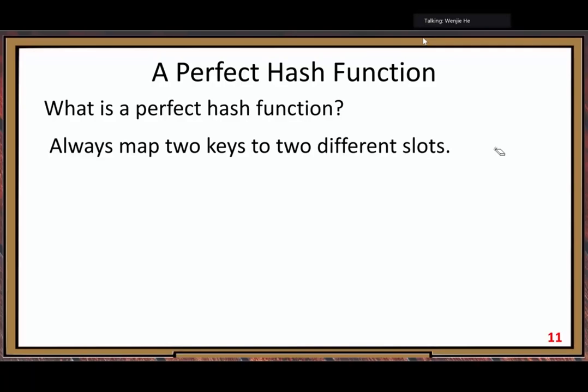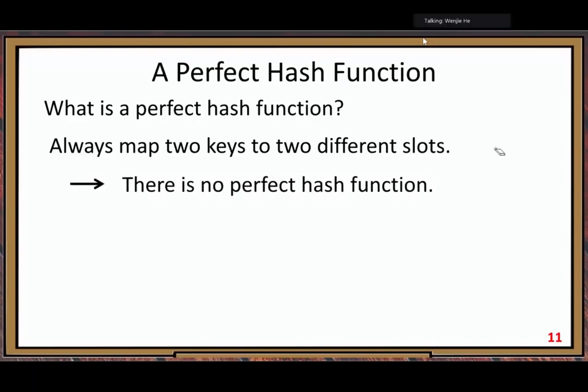When you map two keys to the same slot, there is a collision problem. Then you need to resolve the collision by more hashing steps. Here I didn't talk about other hashing techniques to resolve the collision problem. The answer is there is no perfect hash function.